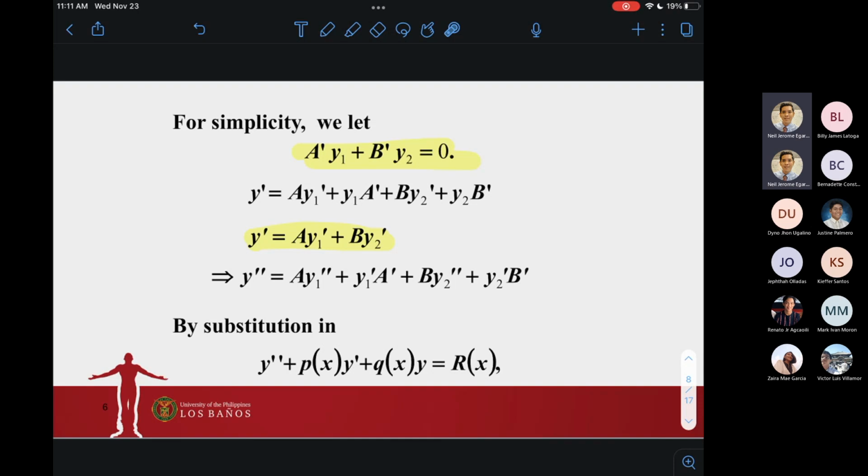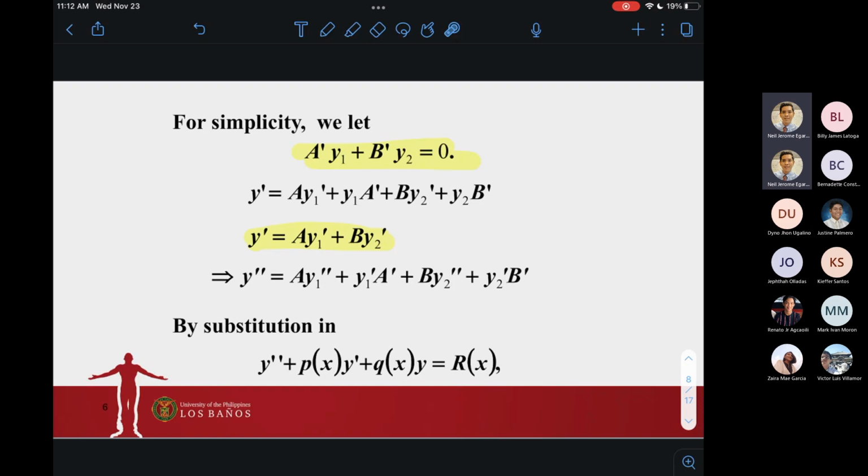Meron na tayong isang condition galing dun sa non-homogeneous GLDE. Ito yung second condition na inimpose ko, so wala na akong free na imposition na pwedeng ibigay. Kasi pag nagbigay pa ako ng isang imposition, posibleng wala nang solution akong makuha. Alright? So, talina yung kamay natin ngayon.